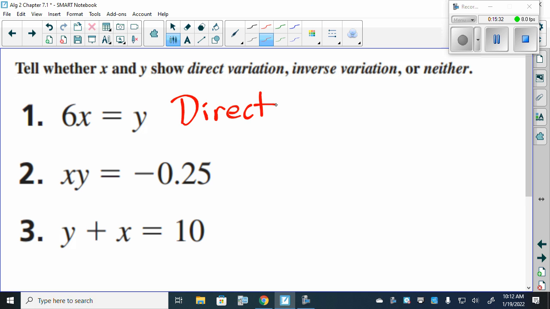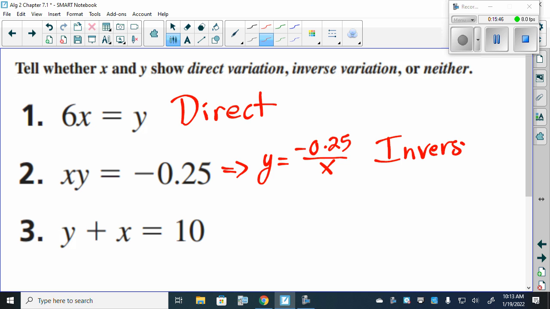Because we can divide both sides by x, which would tell us y is equal to negative 0.25 divided by x, which would be our inverse.